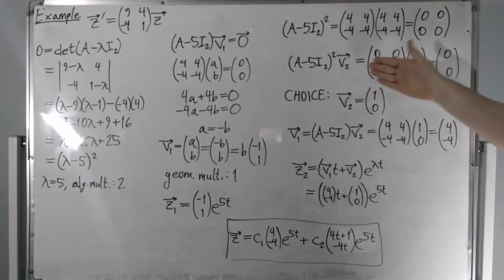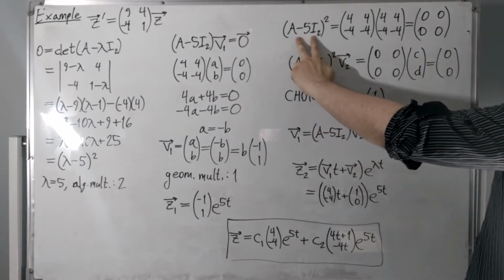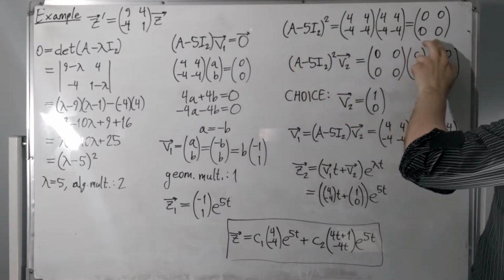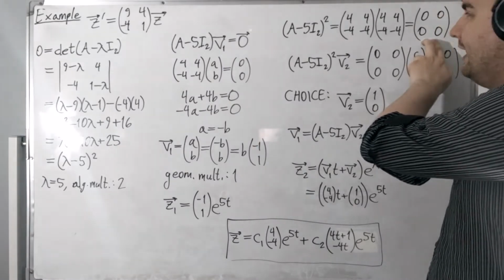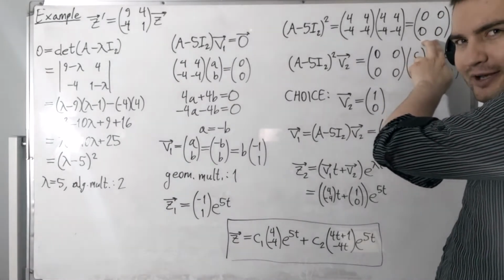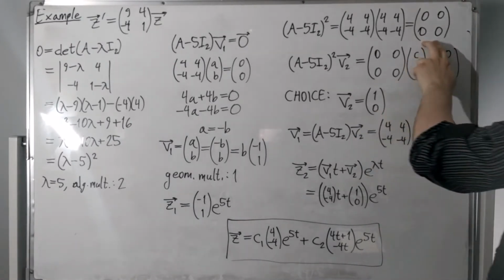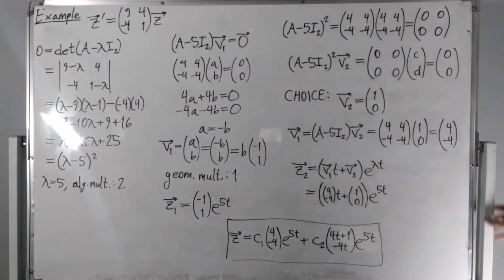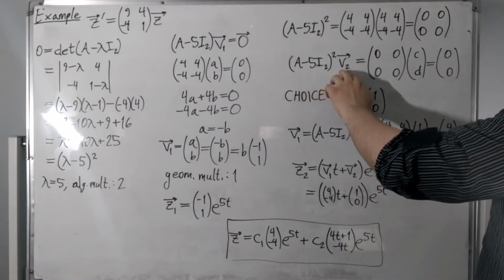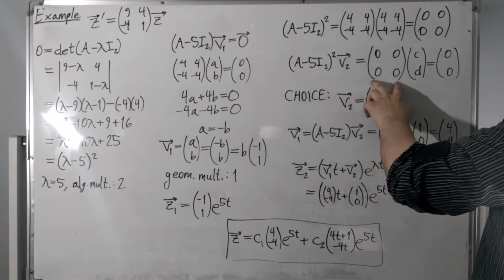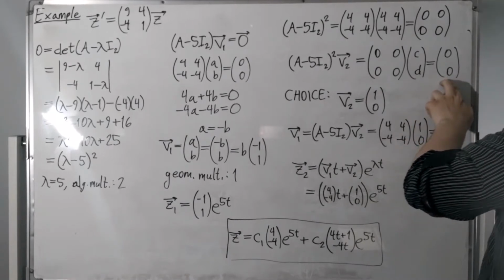So you look for generalized eigenvectors of rank 2 by squaring the matrix A minus lambda I2. That seems to always come out to be 0, 0, 0, 0. I can't think of an example where it's not the zero matrix. You might be able to prove that it has to be the zero matrix every time, but I don't know it off the top of my head. In any case, you're looking for vectors v2 that satisfy the equation zero matrix times that vector equals the zero vector.